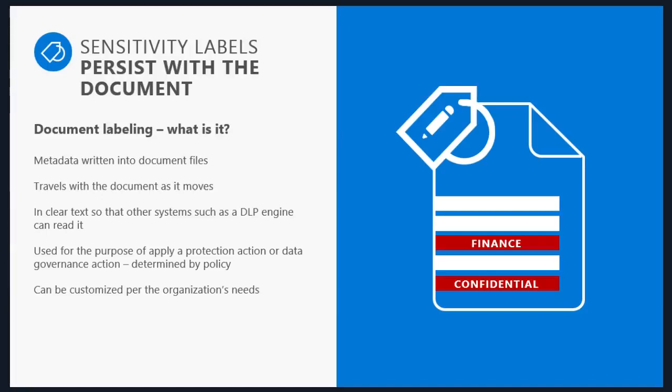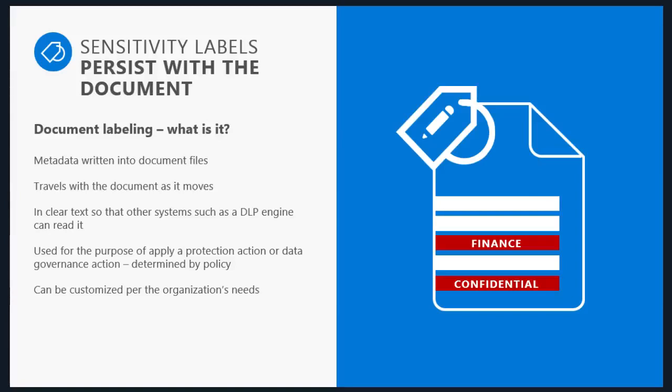So it's important to know what is it actually doing when you're clicking that button. So when you click one of those labels, whether or not it has protection built in, which is the wrapping of the encryption layer of the document, when you're classifying it, you're actually writing attributes into the file itself, and that's metadata that stays with the document.